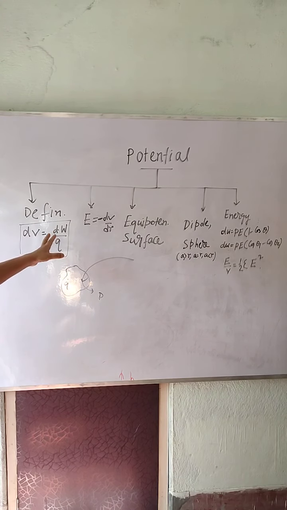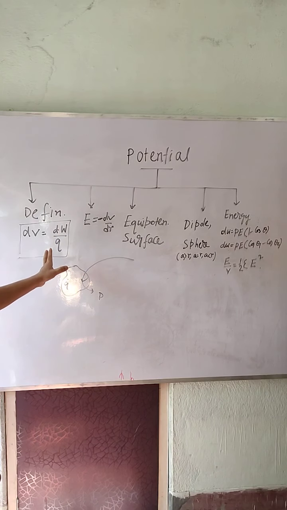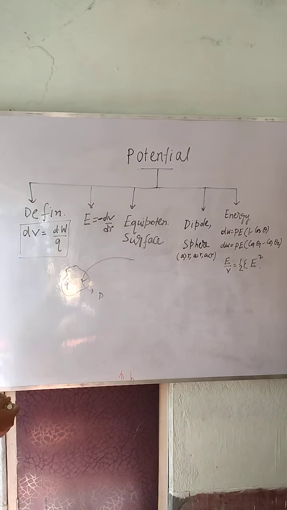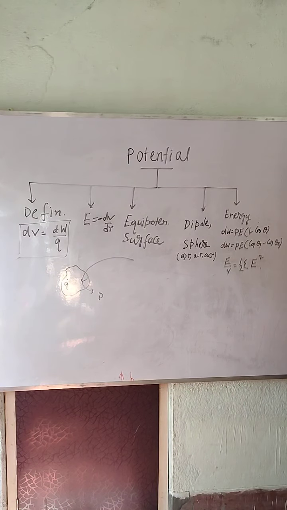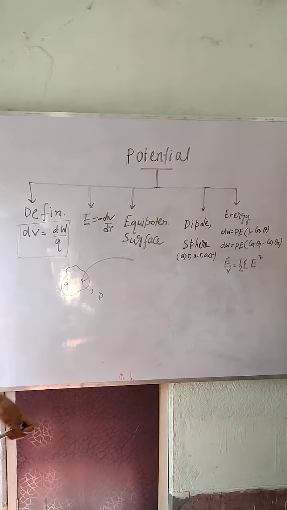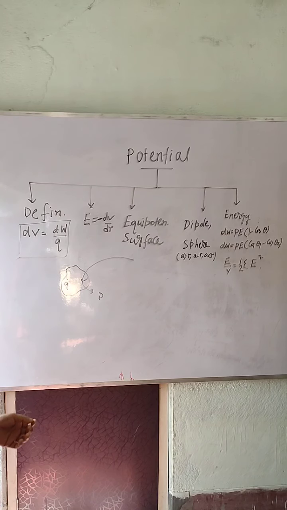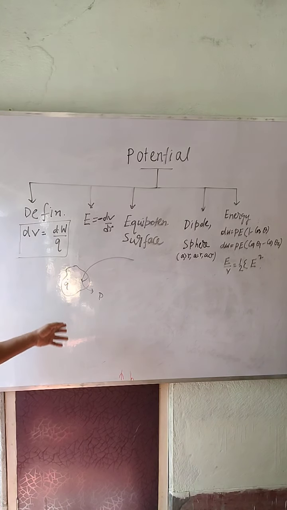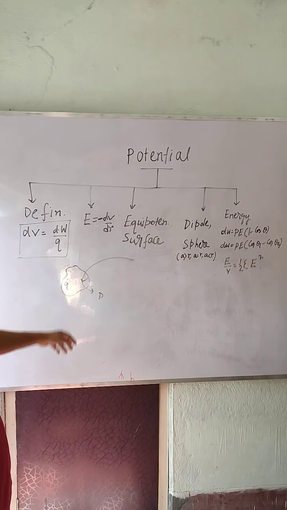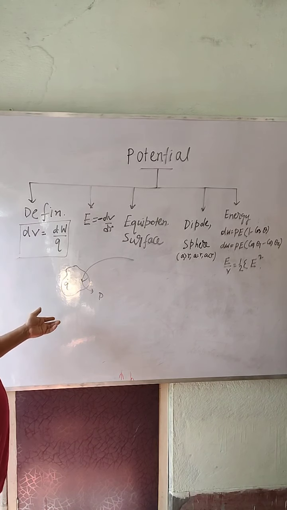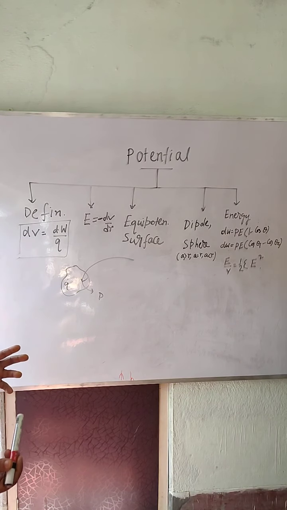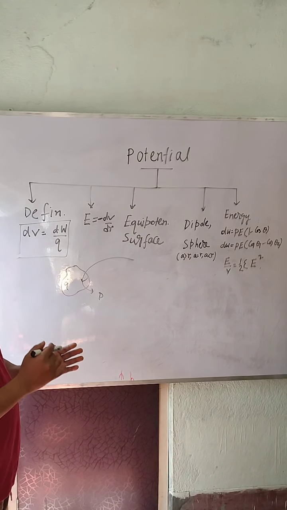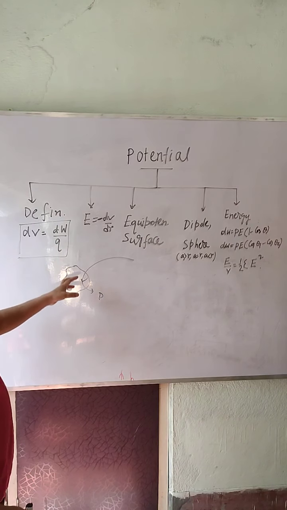Now, what is the difference between potential and field? Well, the field is basically created by the effect of a charge, the main charge, and potential is something you can call the measure of the ability of that particular field.